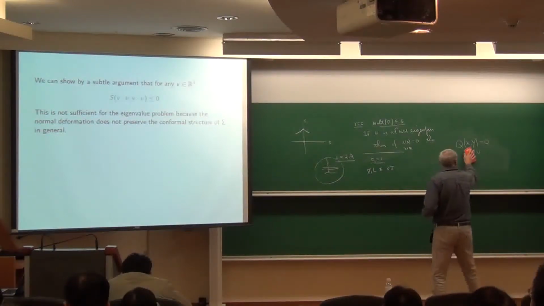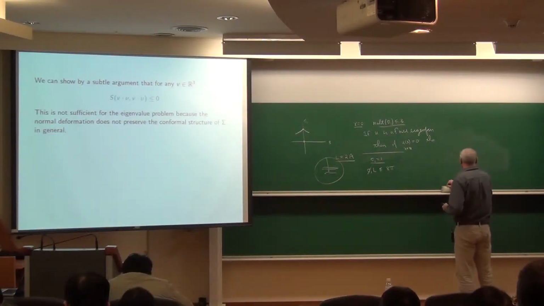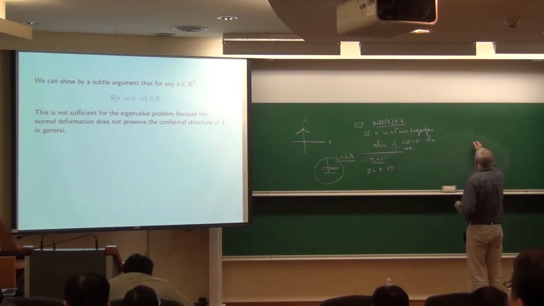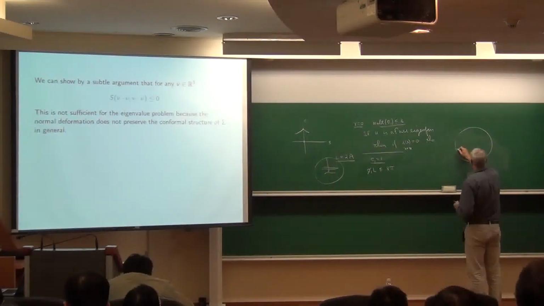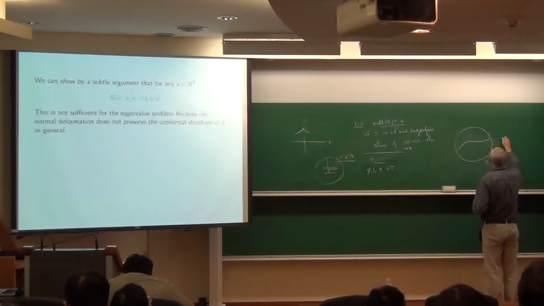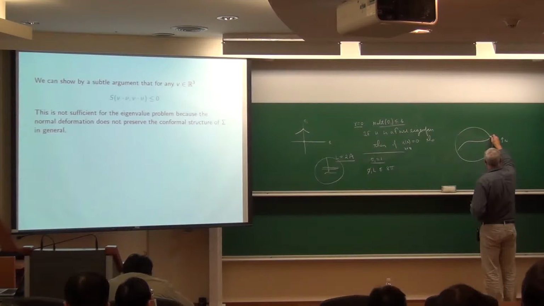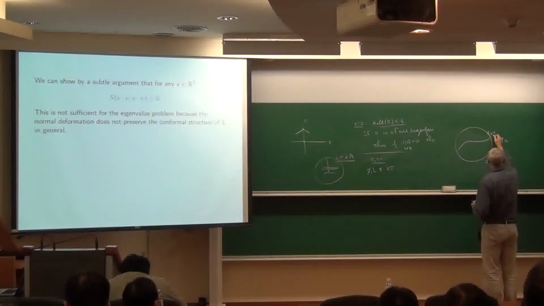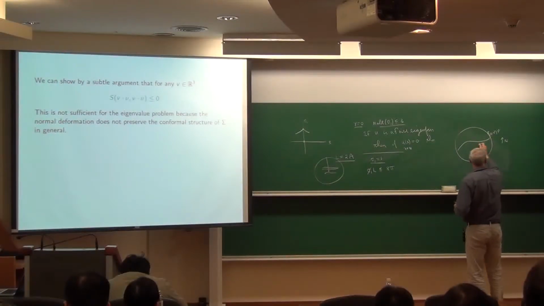If you take some parallel vector field V and take its normal component, V dot nu times nu, that is our variation.